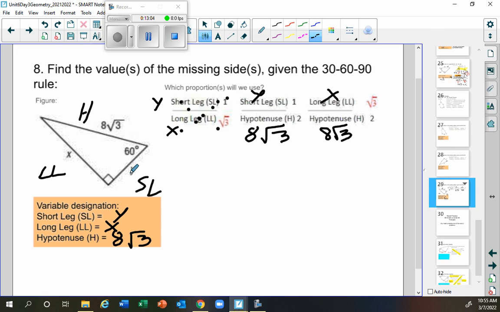Now, out of these other two proportions, which one's going to be the easiest to solve? The one in the middle or the one on the right? Middle. Yeah. We're going to use this one first.